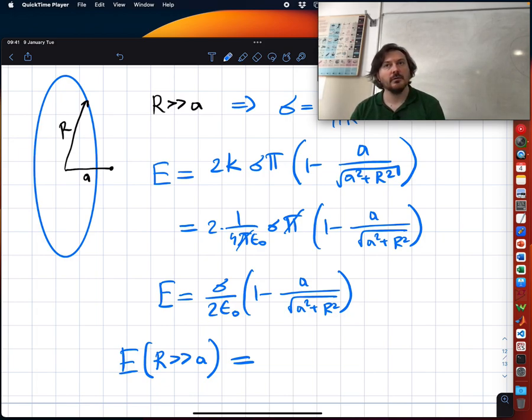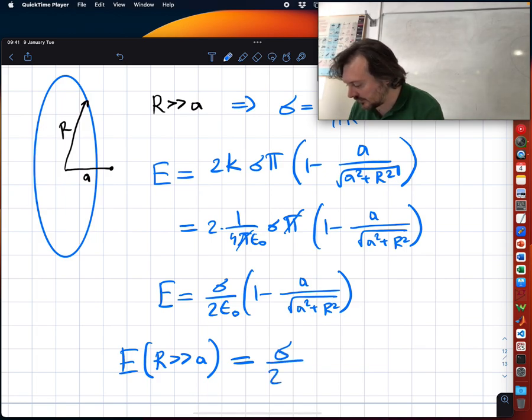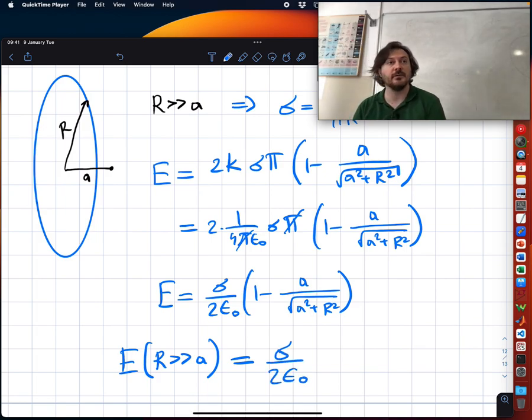It's like a plane, and it's constant. I simply get sigma over 2 epsilon 0. Do you see it? R is much larger than A means R is infinite.